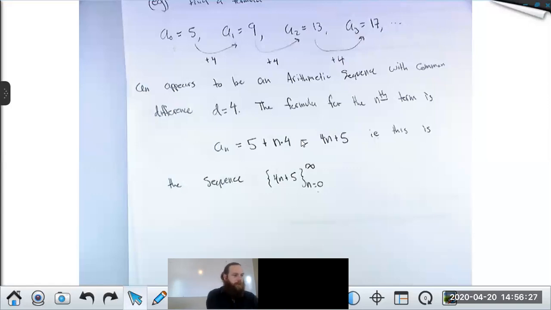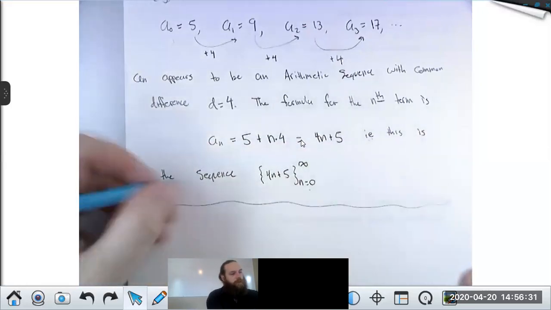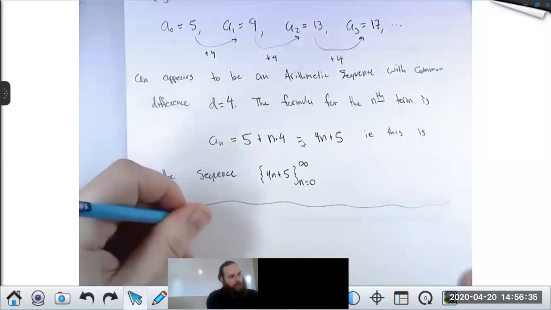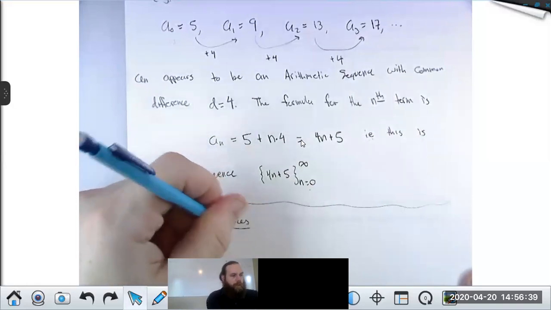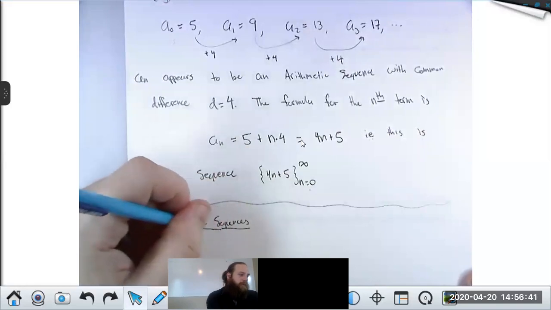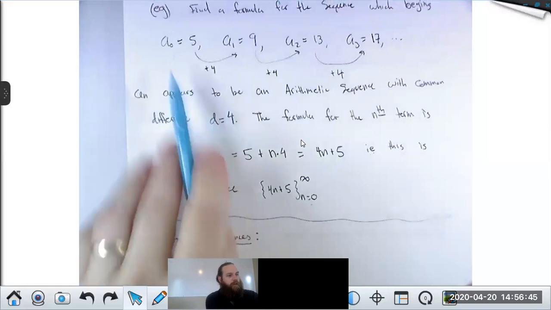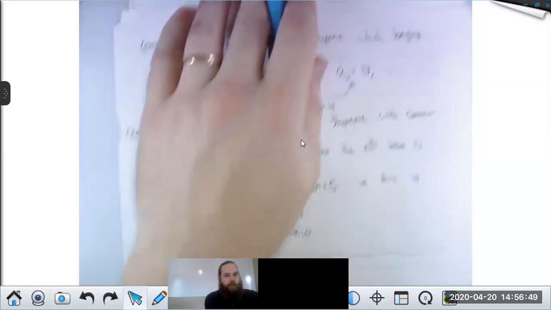Okay. So the last important family of sequences that we mentioned are geometric. And a geometric sequence, this is the sequence version, just like arithmetic sequences are the sequence versions of linear functions.